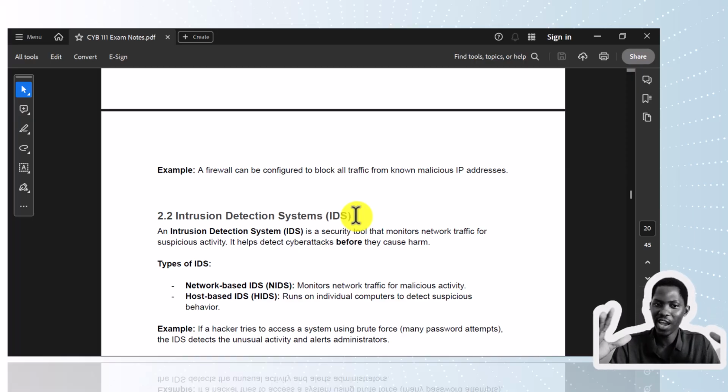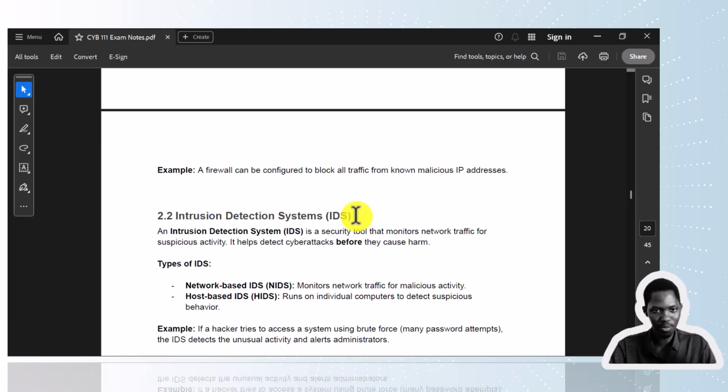Now, we have types of IDS. Network-based IDS, host-based IDS. From now, you already know what network and host-based mean, because we've already talked about network firewalls and host-based firewalls. Network-based IDS is basically the same thing, but we know what firewalls are doing and what IDS are doing are two different things. Network-based IDS monitors network traffic for malicious activity.